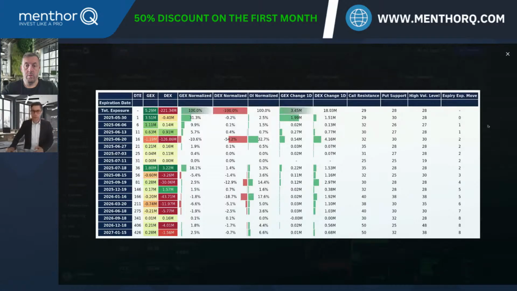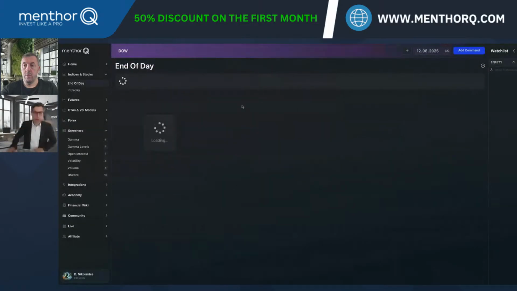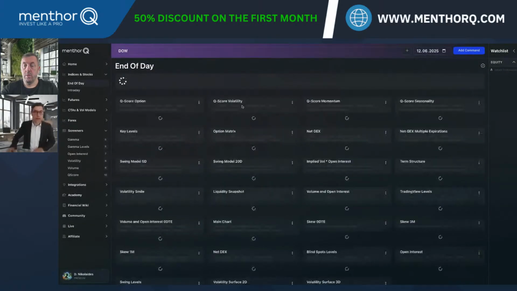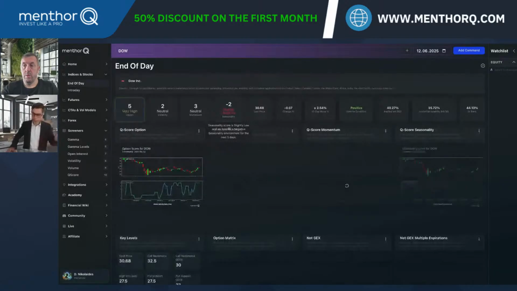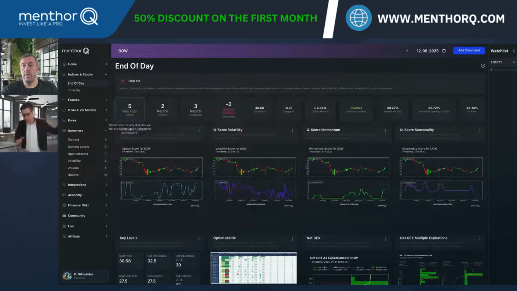Let's change now and go to today, and this is the thing I want to show you. Seasonality is slightly negative. We were up now, so maybe we will go down. The option score is very high, but everything which goes high regresses to the middle at some point, and everything which is low comes back. Simple bell curve, basic mathematics.